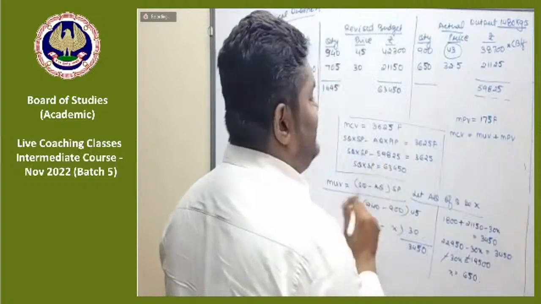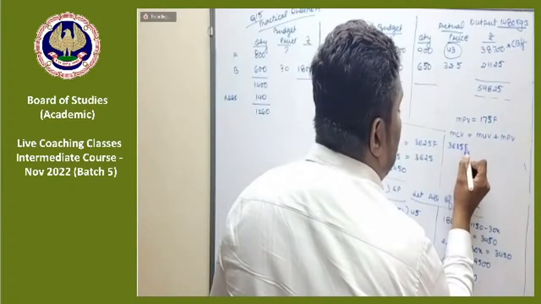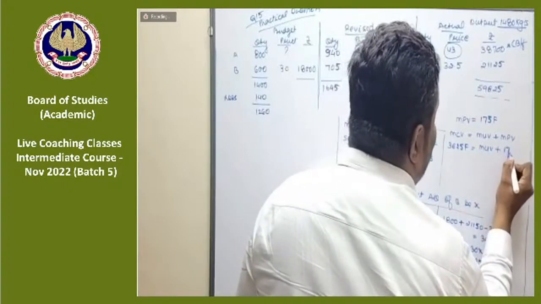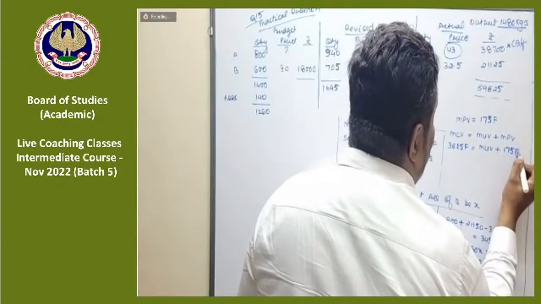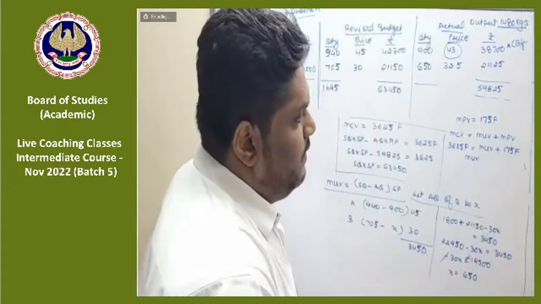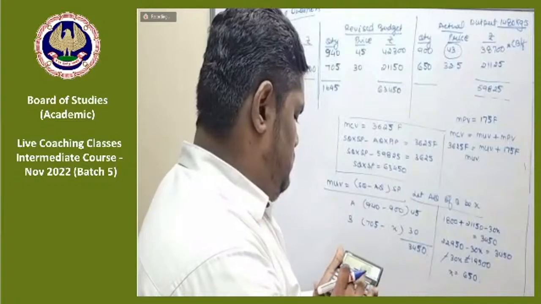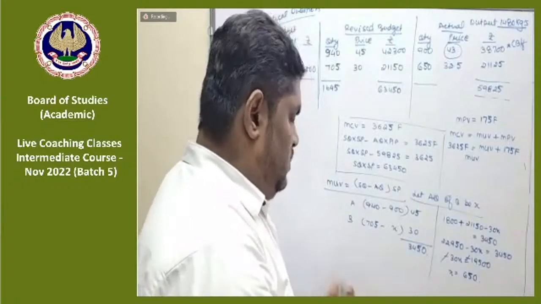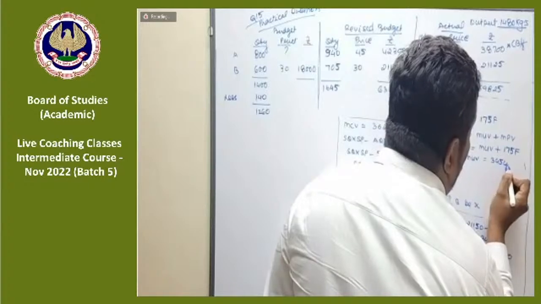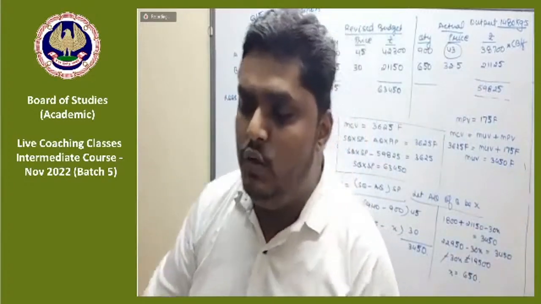The cost variance is given in the question, that is 3625 favorable. Usage variance is not given, but price variance is given, that is 175 favorable. So material usage variance will be 3450. This is how I calculated material usage variance.